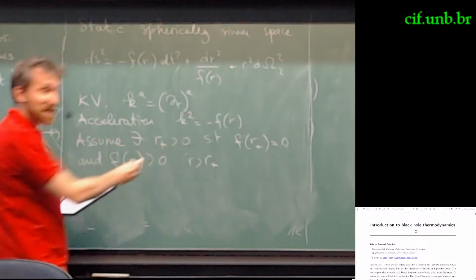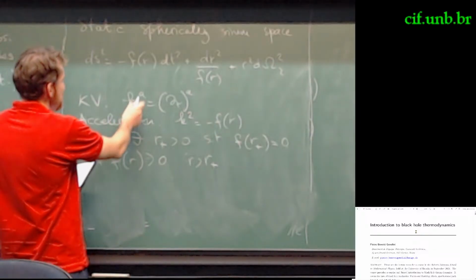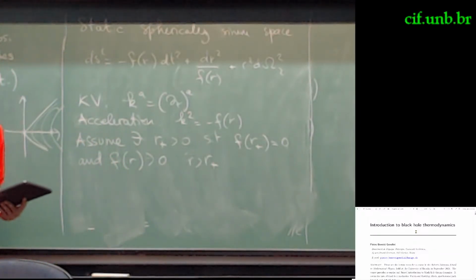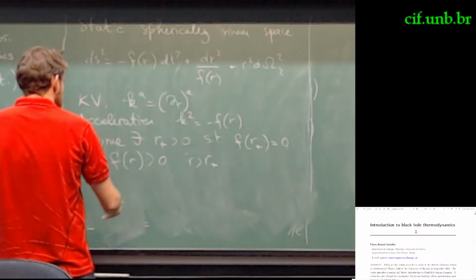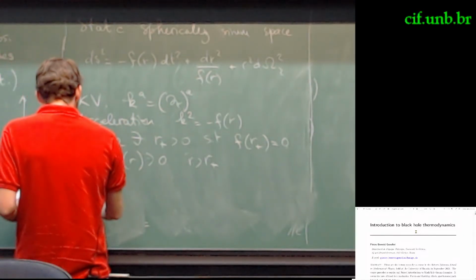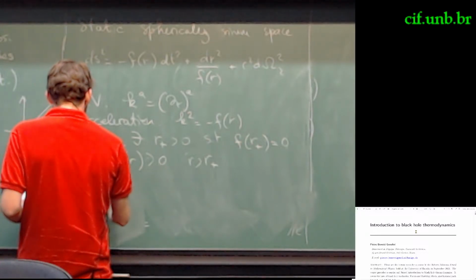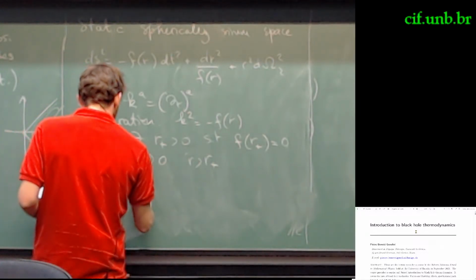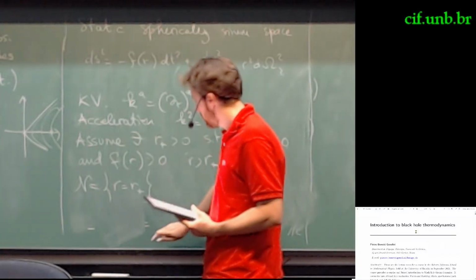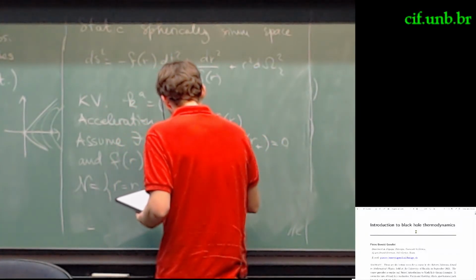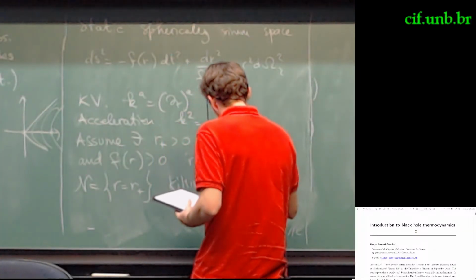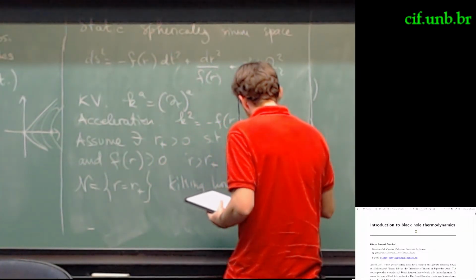At r plus, the length of k vanishes, and you can show, just by doing the same manipulation that we were doing yesterday, that this is a Killing horizon for k.